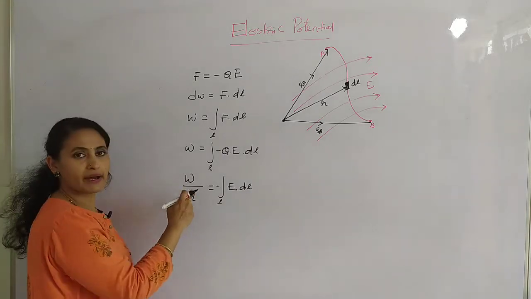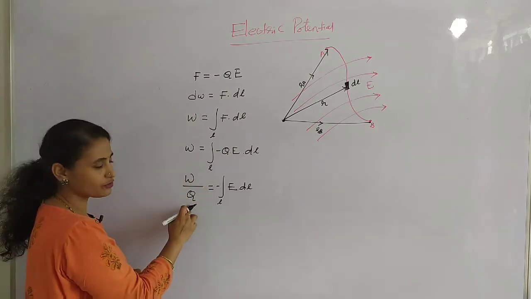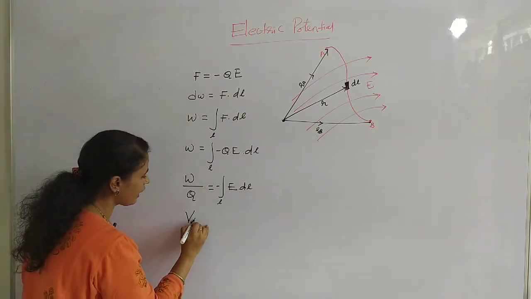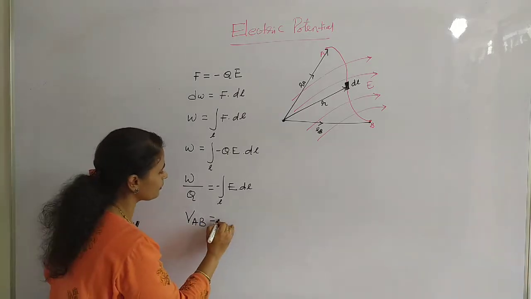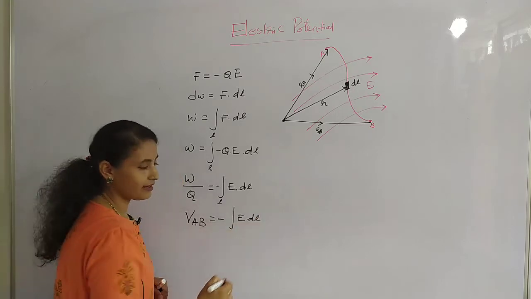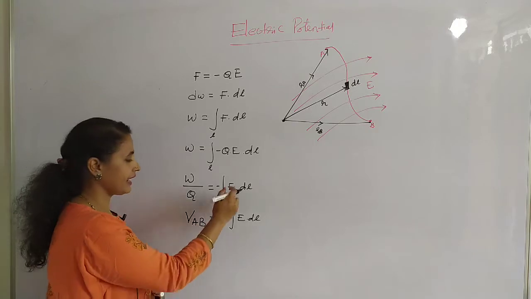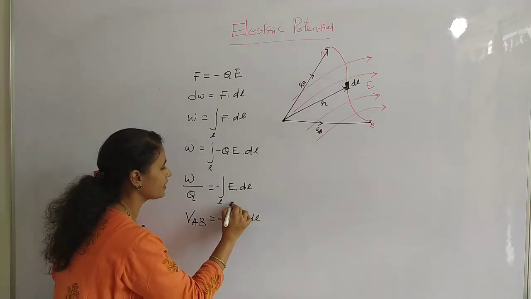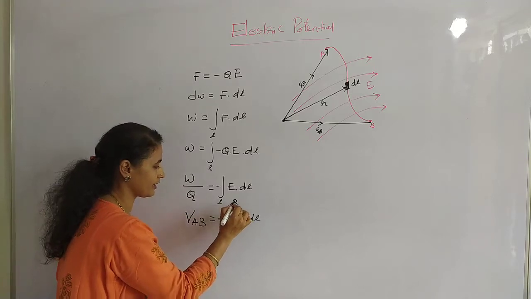So work per unit charge, potential energy per unit charge, is given by the potential difference VAB, which is equal to minus integral of E into dl. And this is the potential difference between the points A to B. So this is from A to B, again over one length of L only.